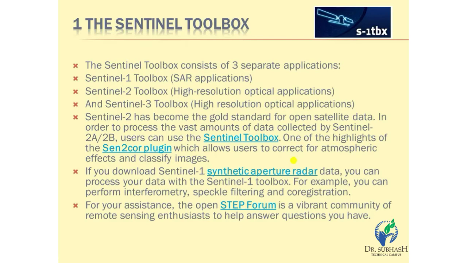It has become a gold standard for open satellite data. Sentinel-2 is used as that gold standard for open satellite data. If we have to process the vast amount of data collected by Sentinel-2A and Sentinel-2B, both of which are satellites, the captured images are processed using this software.